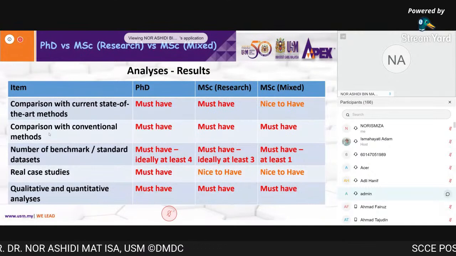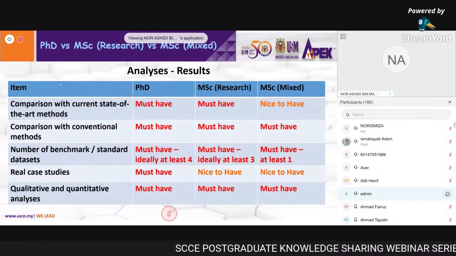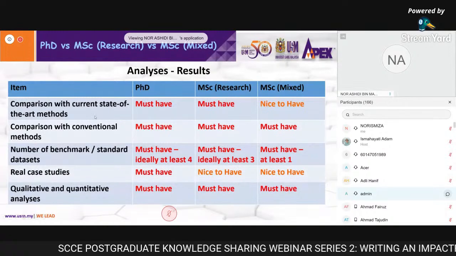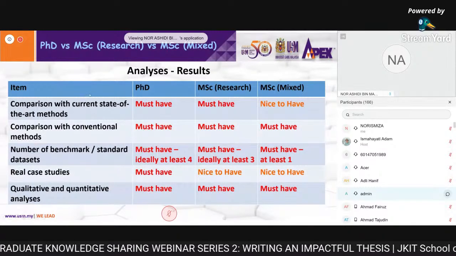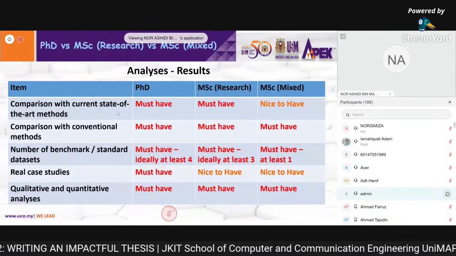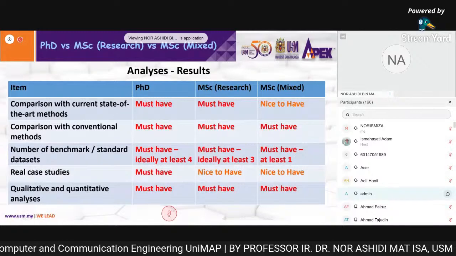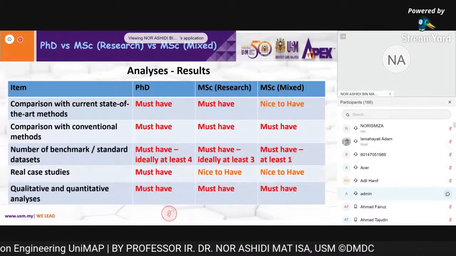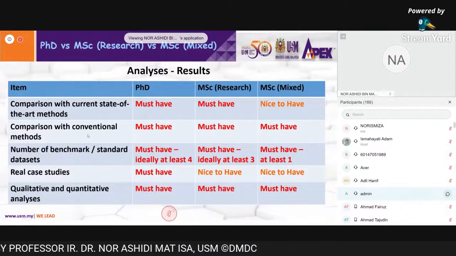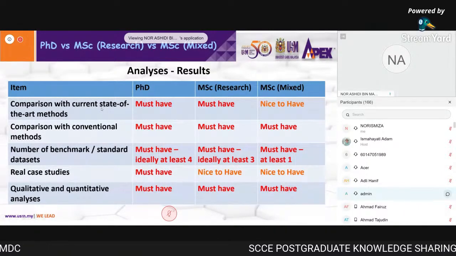So after you compare with the conventional MLP, you must choose a few methods from the current state of the art and compare with them. This is to show the robustness of your techniques. It is not enough to only compare with the conventional; you also must compare with the current state of the art methods.